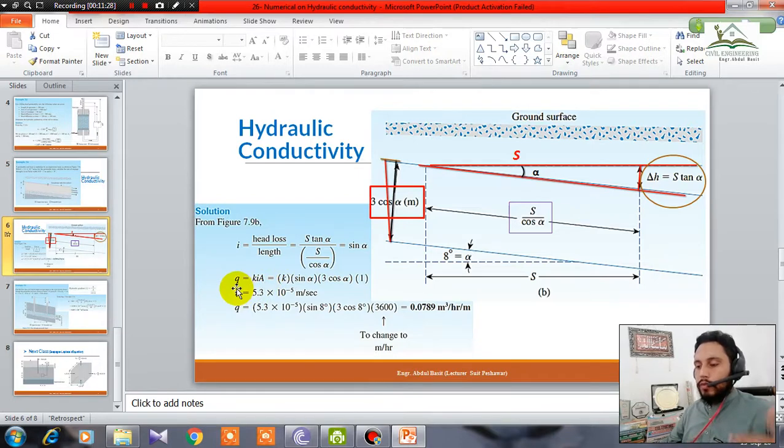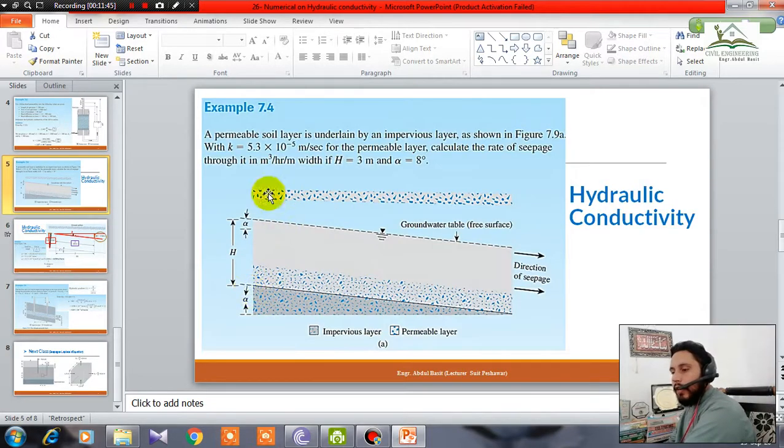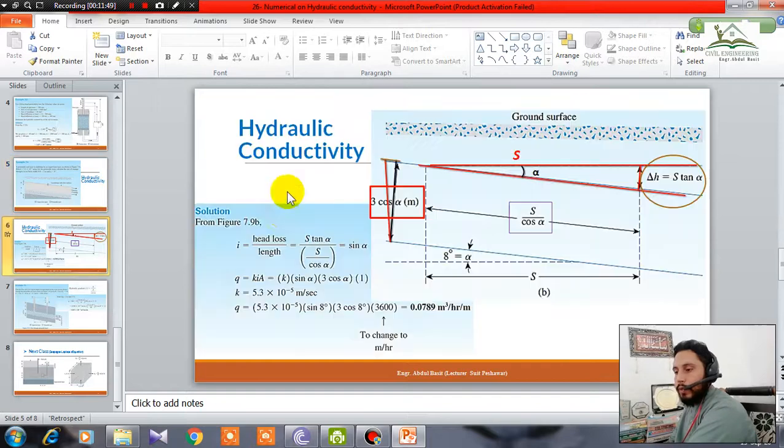Q is the volume of seepage water through the soil sample, K is the coefficient of permeability, i is the hydraulic gradient, and A is the area. So this is the formula. For this formula we need to find out K first. K is already given in this statement, 5.3 multiplied by 10 to the power minus 5. And i, the hydraulic gradient, needs to be determined, and A needs to be determined.